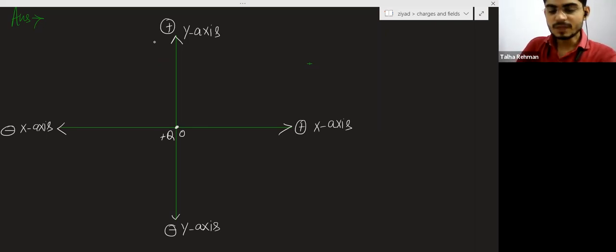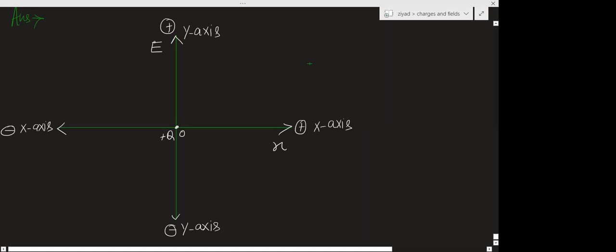When you are moving from the origin along the x-axis in this direction, draw the graph of electric field and the distance. So here the electric field is on the y-axis, and distance x is on the x-axis.